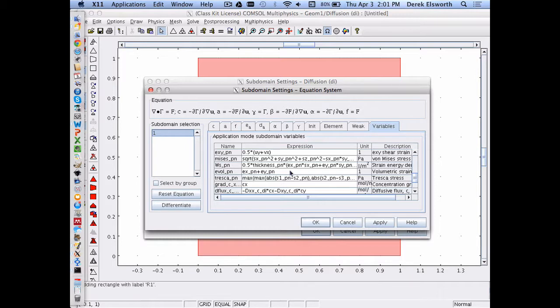And let's see if we can find, yeah, here we go. So this is the diffusive flux. Diffusive flux is the diffusion coefficient times this term here, the diffusion coefficient in the xx direction multiplied by dc dx, plus the diffusion component in the xy direction times dc dy. And so I think that's true, what we've had up there.